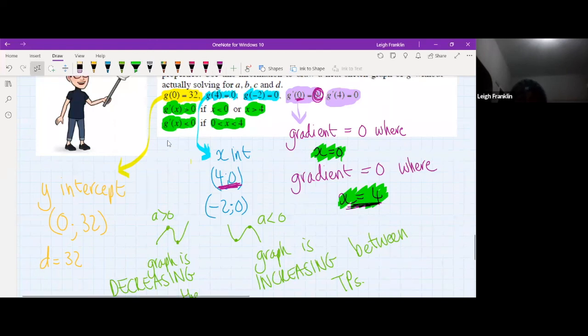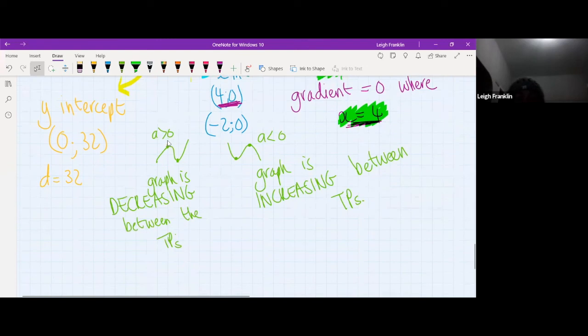Okay, g prime x greater than 0, is that increasing or decreasing? Increasing.